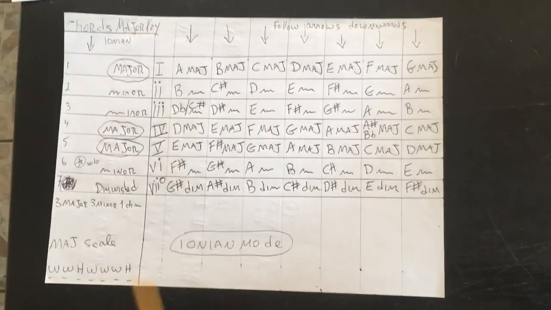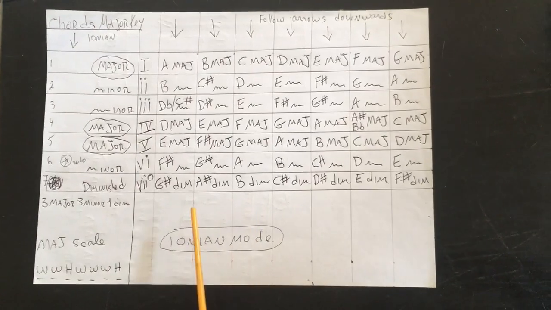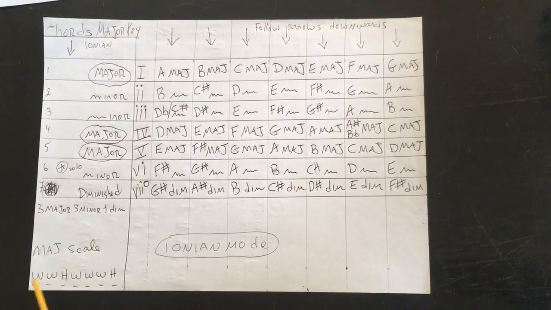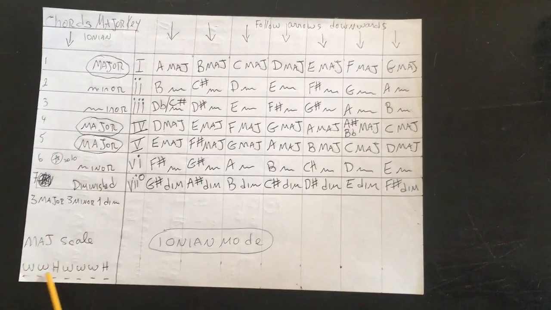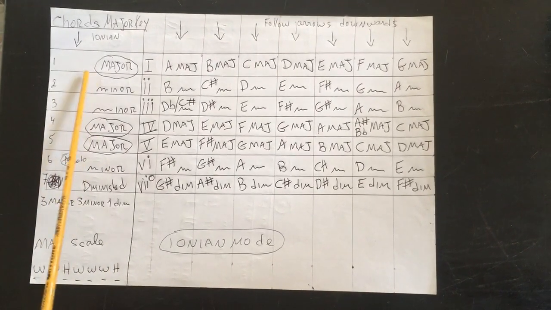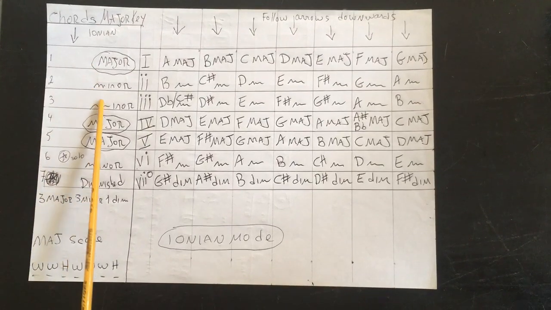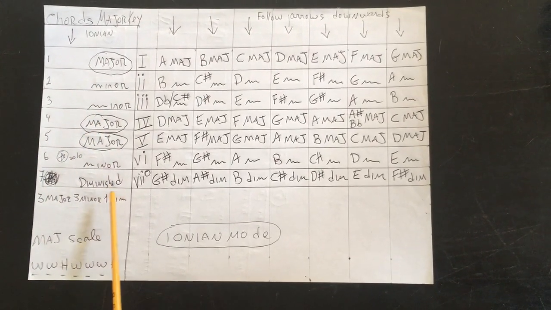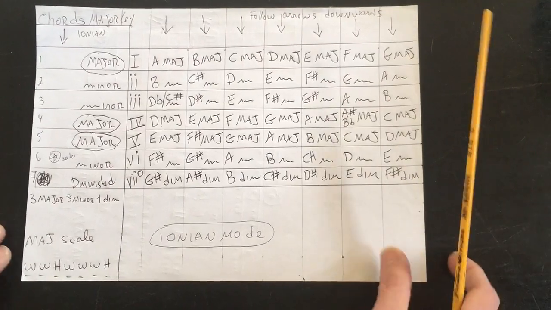So that's how the Ionian mode works. That's the formula for it. You have your intervals: whole, whole, half, whole, whole, whole, half. And here are the chords that represent the 7 notes of the scale. That's the Ionian mode.